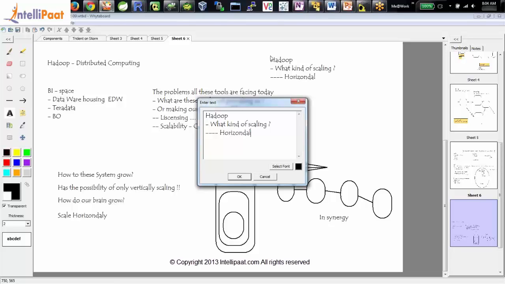But yes, there is an attribute of vertical scale, which limits us to maybe 4,000 to 6,000 nodes in a cluster. There is a single point of failure, and that is where we have high availability brought in, the name node and a lot of things. That is again back to our computers, but at least we have a scope of scaling.